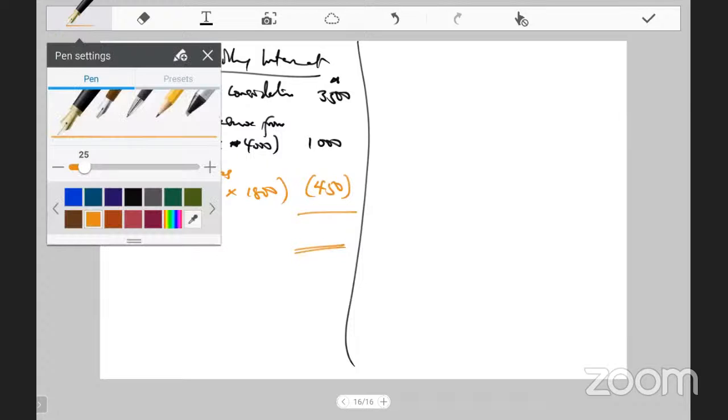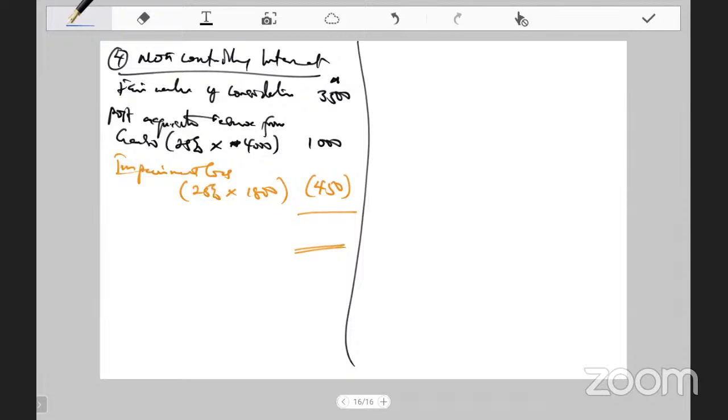So class, next, we'll now look at our group retained earnings. The total here is what? 4,050 naira.